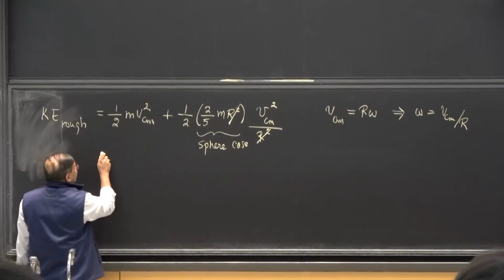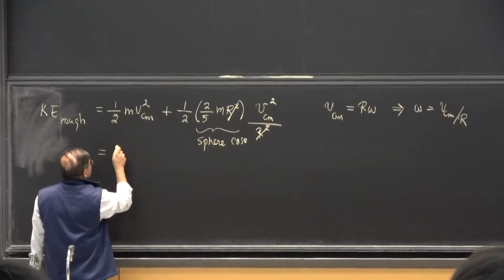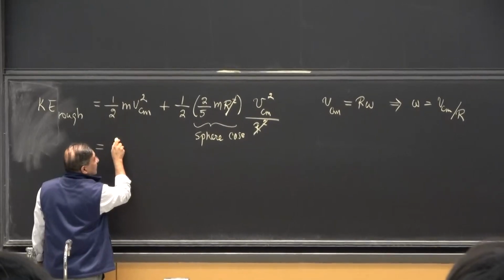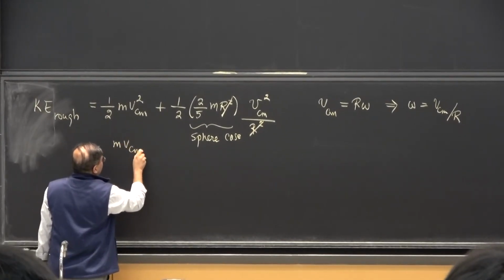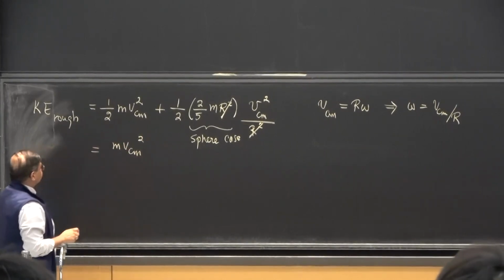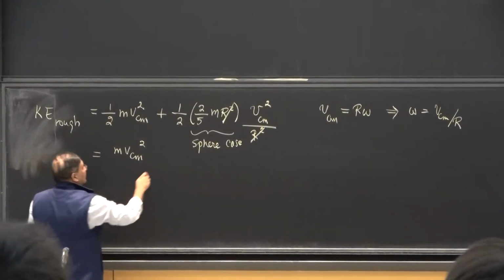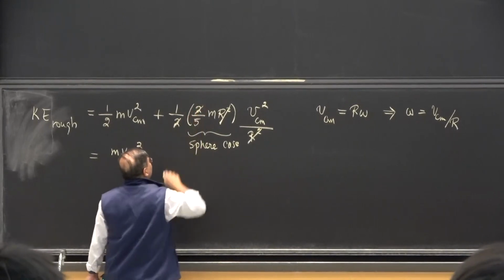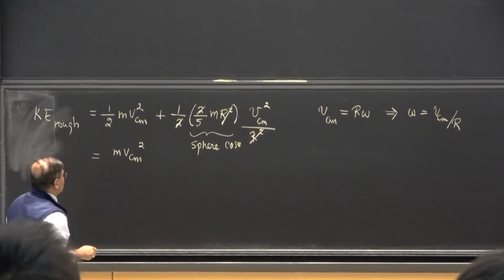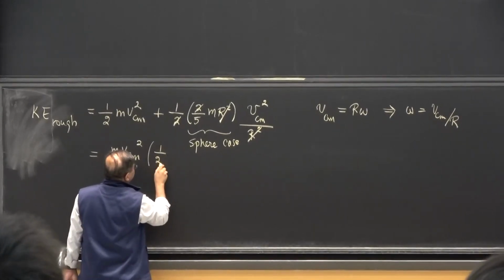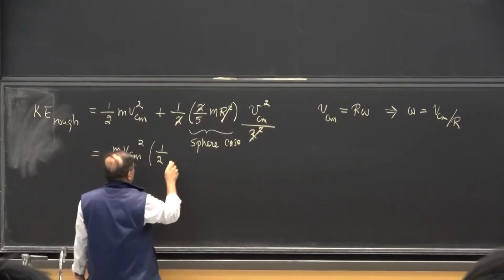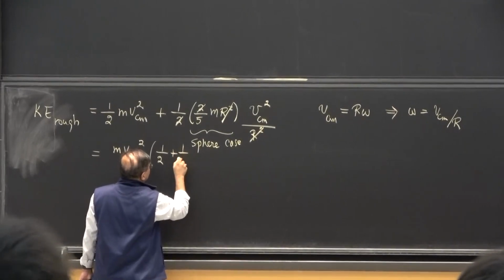So now you see the kinetic energy for a sphere. We have m v center of mass squared in both terms. The 2 and that 2 will cancel. So I have 1/2 from the first term and 1/5 from the second term.